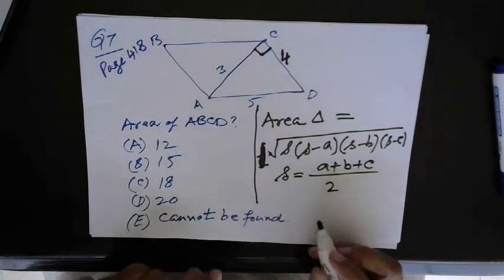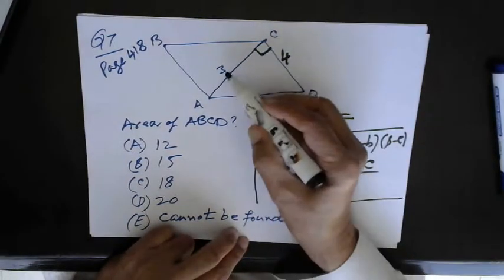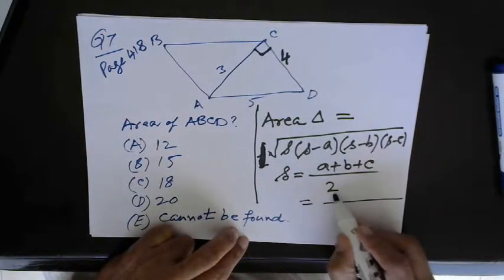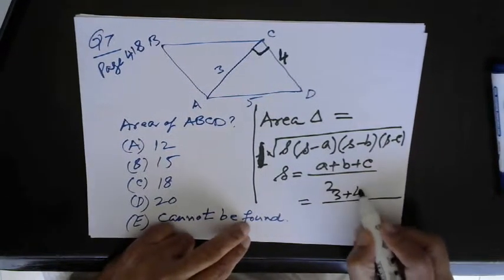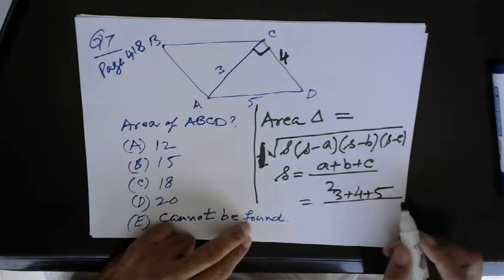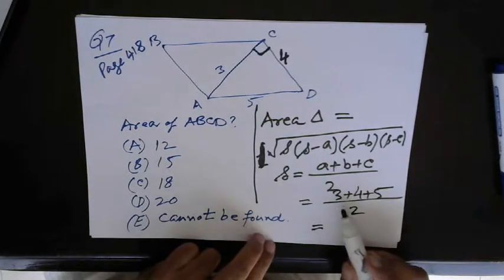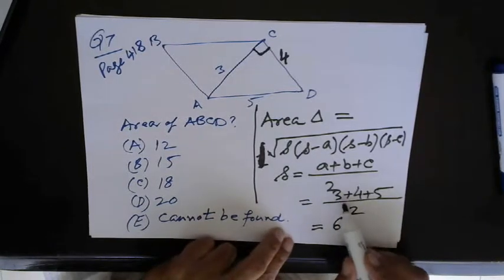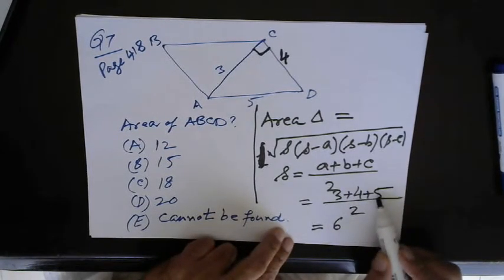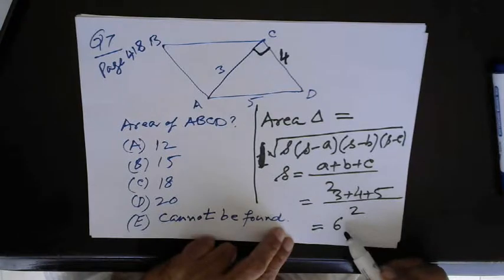In our triangle, you can take A, B, C like that. So we have got 3 plus 4 plus 5 divided by 2. So this is equal to 6. 3 plus 4 is 7. 7 plus 5 is 12. 12 divided by 2 is 6.